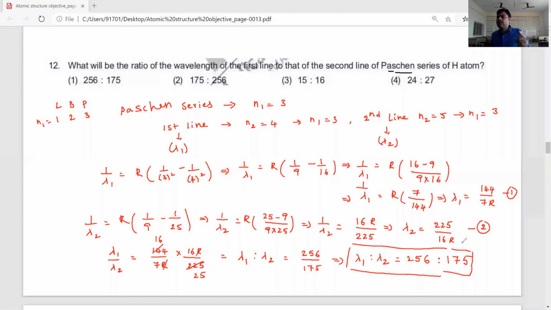We need to find the ratio of the first line wavelength lambda 1 to the second line wavelength lambda 2. Then lambda 1 : lambda 2 is equal to 256 : 175. Means the first answer is correct.